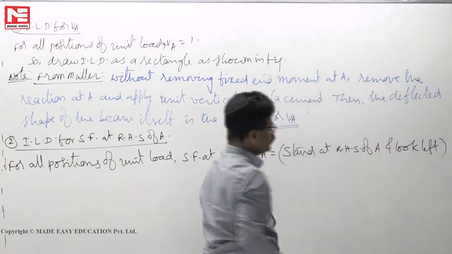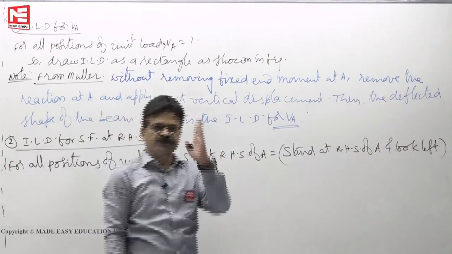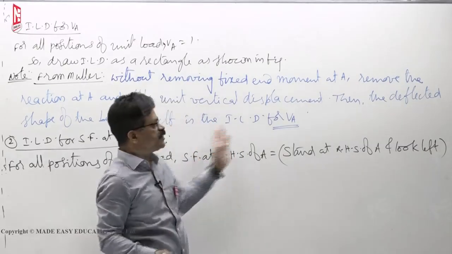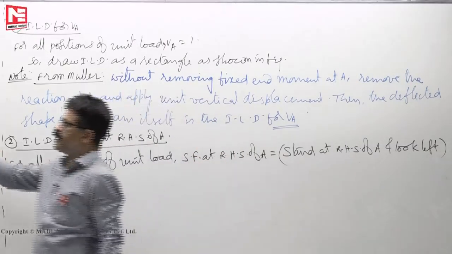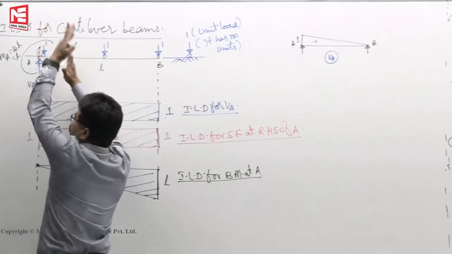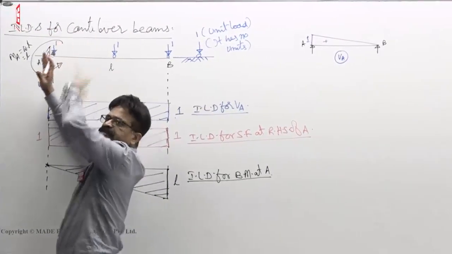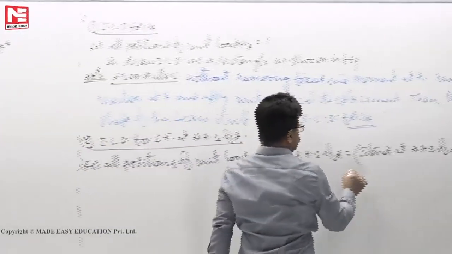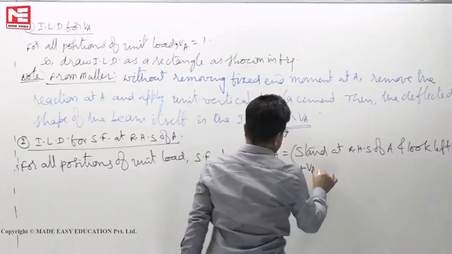This is the process. Wherever you want to find shear force, stand there. Now you have a choice to look left or right. In this case, we look to left. So stand at RHS of A means here. Look left means this one, VA. If you look right side also, one down will be there, that's all. You will get plus VA.